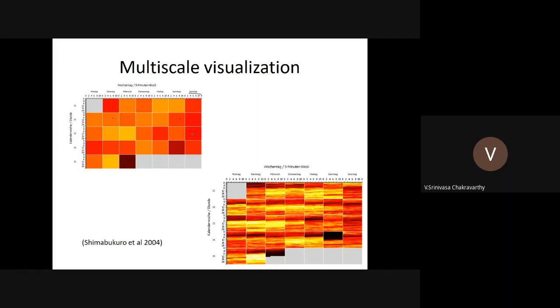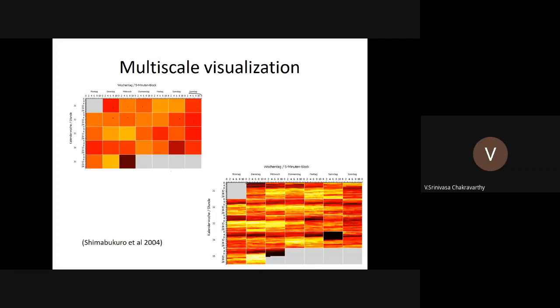So this coloring scheme tells you how that quantity is varying from day to day over a month. The whole thing is a calendar month. Now you want to find the same thing at a much finer time scale of minutes. So what do you do? You divide each day into multiple sections. I think this is 1 hour.